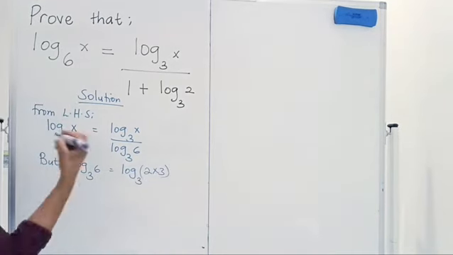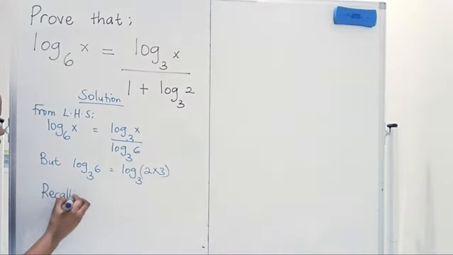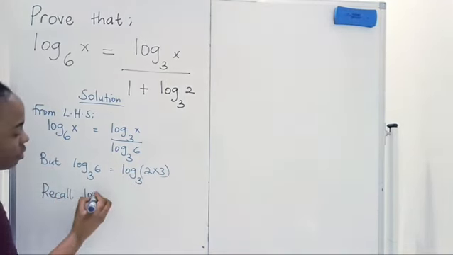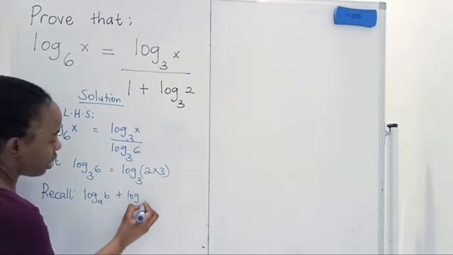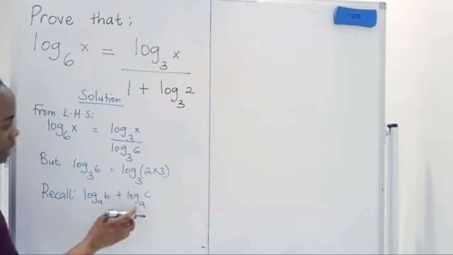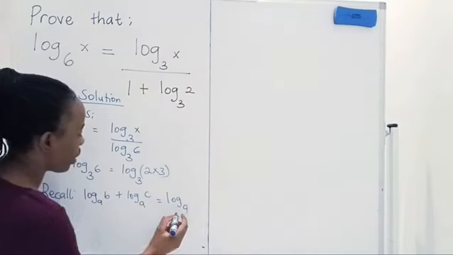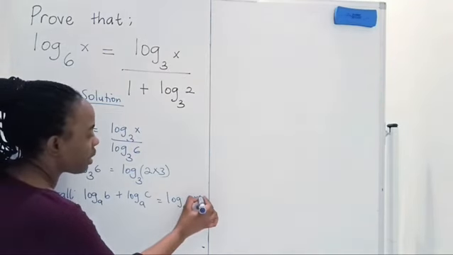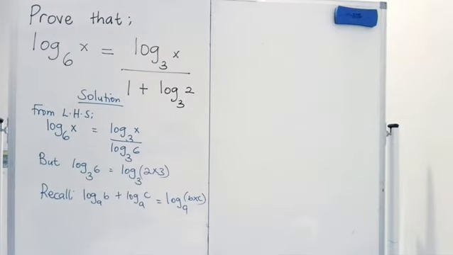And this takes us back to the law of logarithms, that if I have log a of b plus log a of c, the bases are the same, then I multiply the values, log a of b multiplied by c.